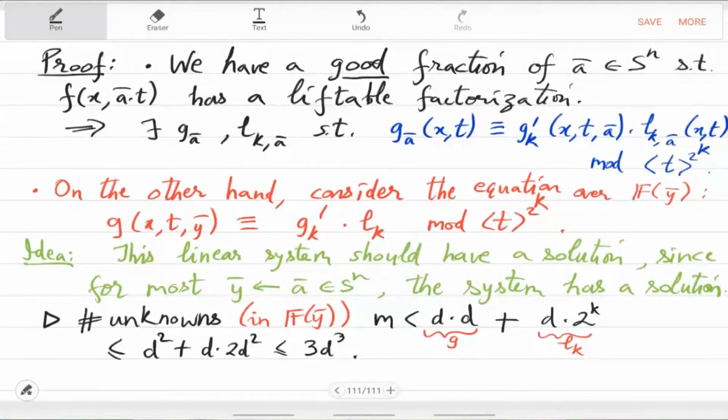Note that this red equation is actually a homogeneous equation. It's a homogeneous linear equation in these unknowns, right?